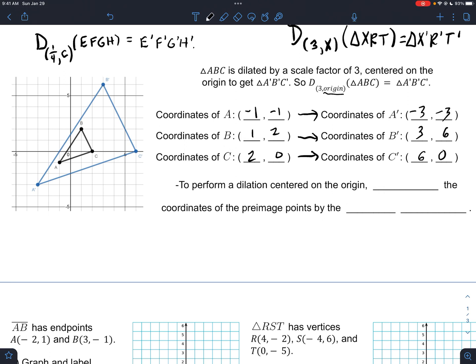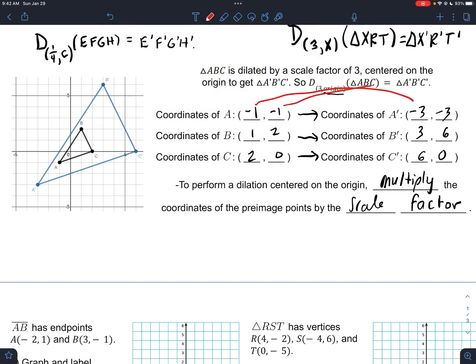What's happening with the numbers? Well, it's just a straight up multiplication of both coordinates, the X and the Y. So all you do to dilate from the origin is you multiply the coordinates of the pre-image, the black smaller triangle, by the scale factor. And you might ask, well, how do you figure out what the scale factor is? Well, it's just whatever the points are being multiplied by.